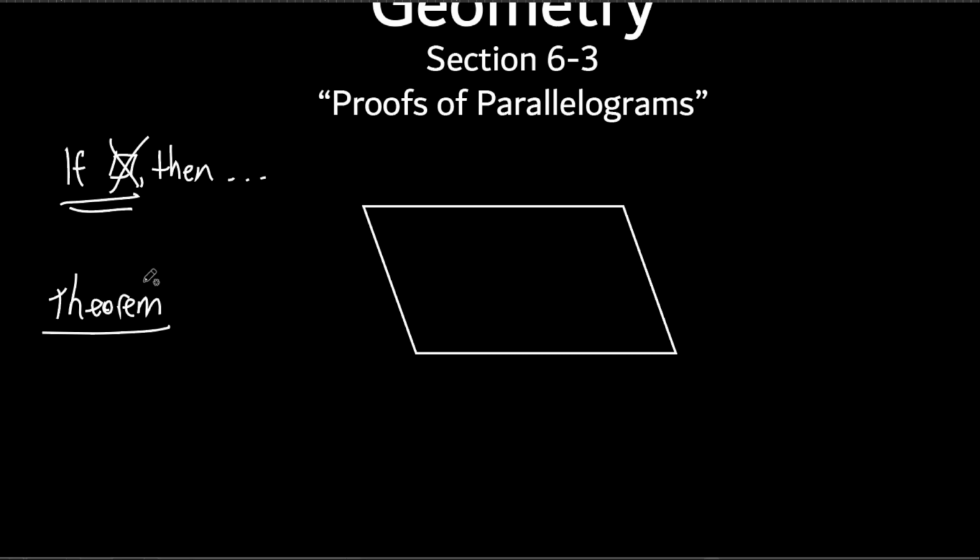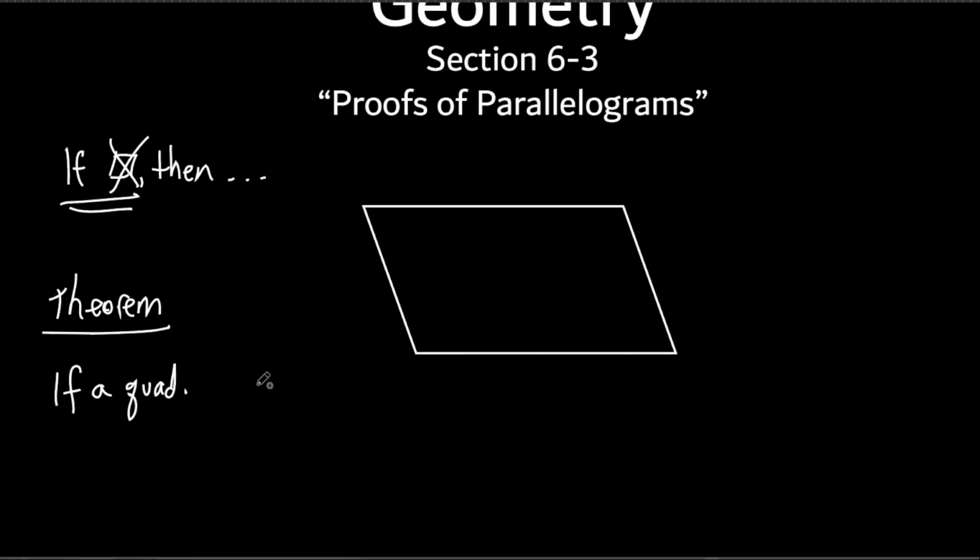If it's a quadrilateral, before we knew that this was a parallelogram, but right now, this is the difference. We know it's a quadrilateral. Here's what the first theorem says.